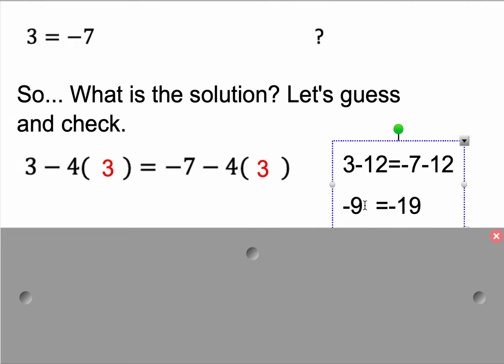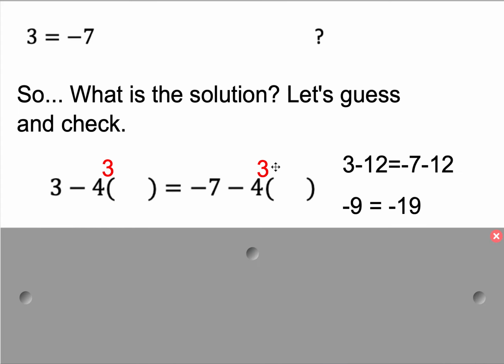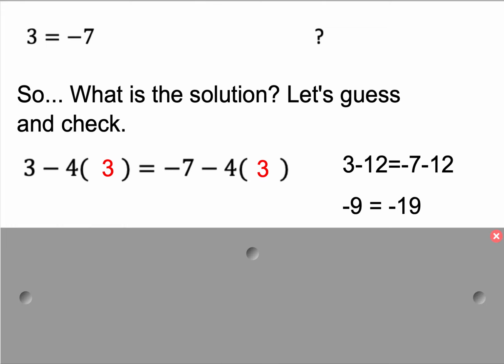All right, that's not true. So what that tells us is that 3 is not going to be a solution to this. Let me just cross it out. So it doesn't work.